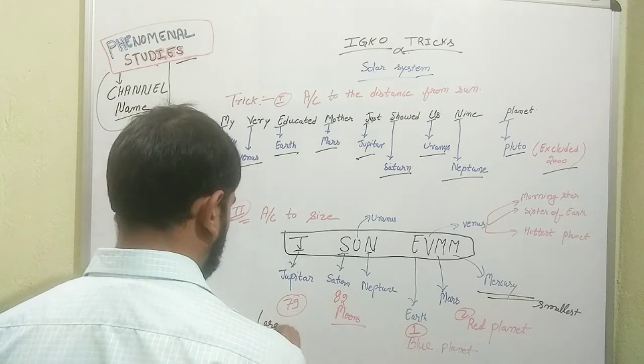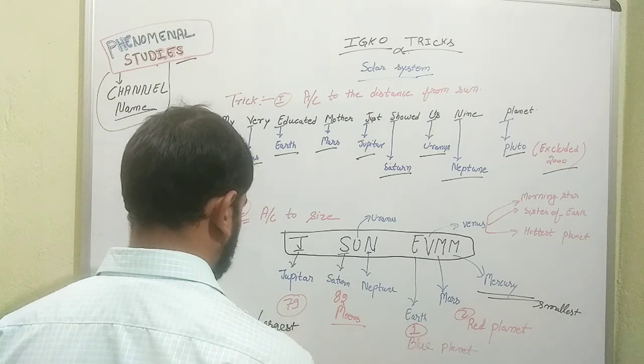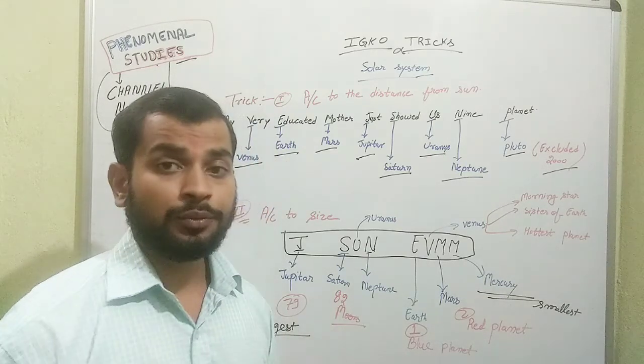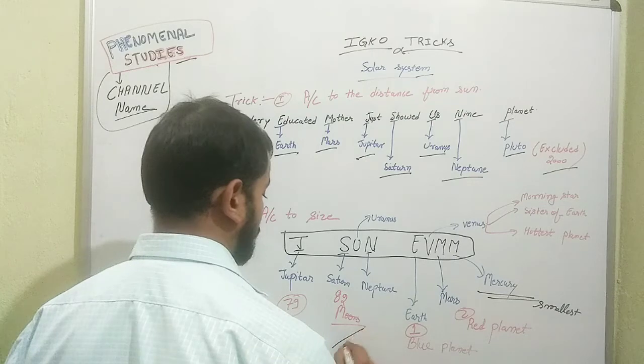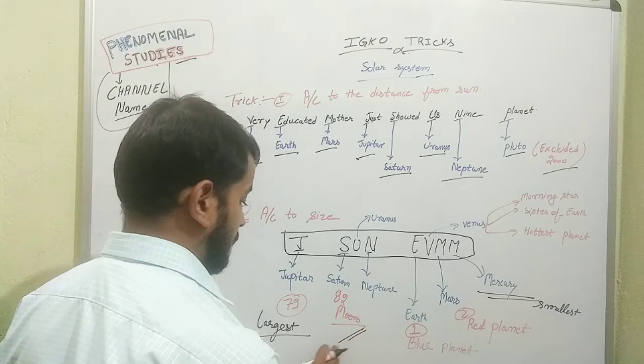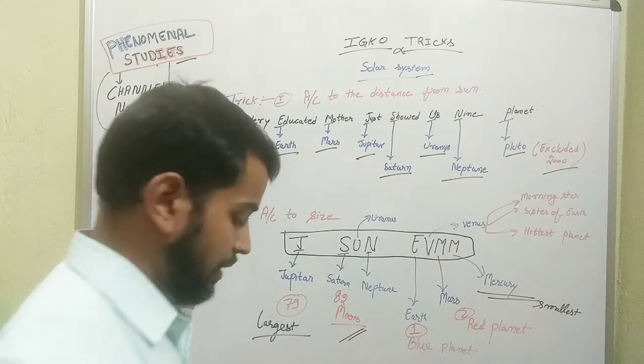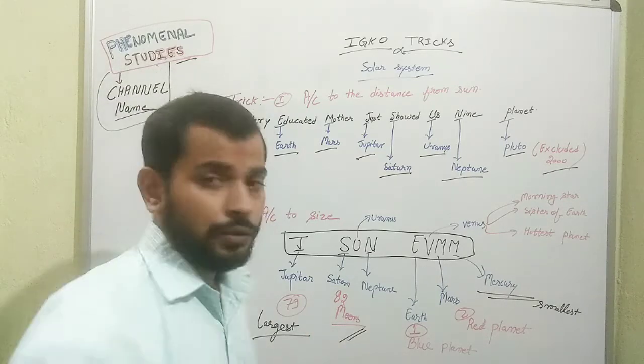Now let's talk about some more features of these planets. The planet which has the maximum number of moons is Saturn, and it has just overtaken Jupiter in the last few years.